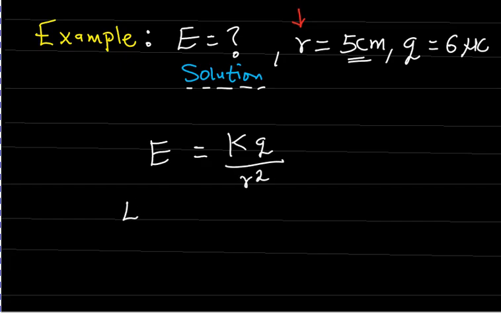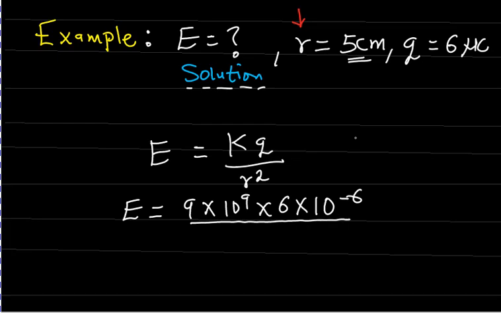The electric field intensity is going to be K, a constant value, 9 times 10 raised to the power of 9, multiplied by Q, which is 6 microcoulombs. You have to convert that to coulombs by multiplying by 10 raised to the power minus 6, then divided by the 5 cm, which is our distance.